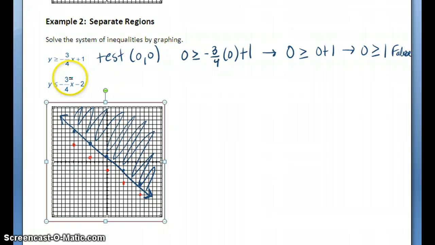And this also has an equal sign, so I'm going to have another solid line. It's a little skinnier because I used a ballpoint. It's a little bit curvy. It's not supposed to be necessarily, but the thing I notice about these two is my slopes are exactly the same. So these are parallel lines. And I didn't really notice that till I started drawing it, but that indicates that they're parallel lines.